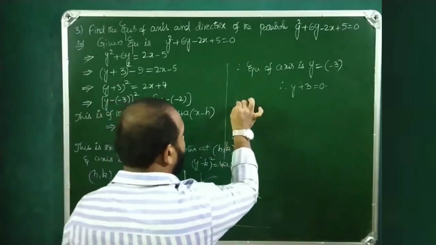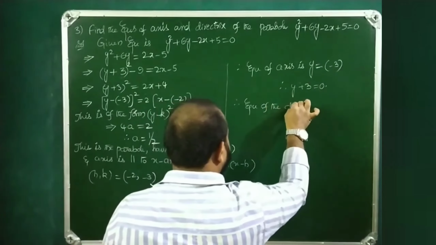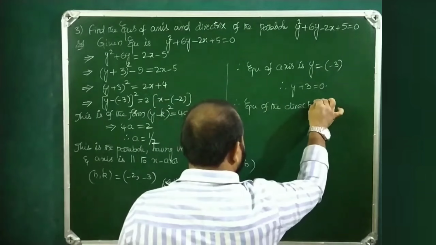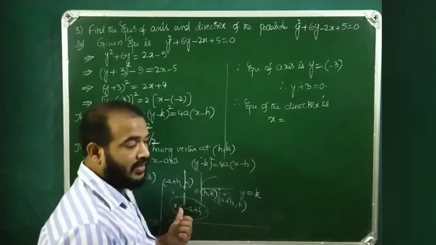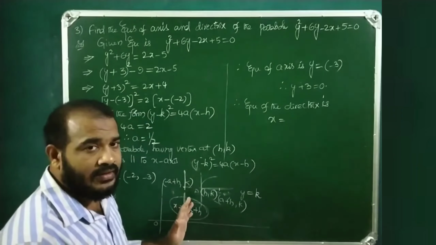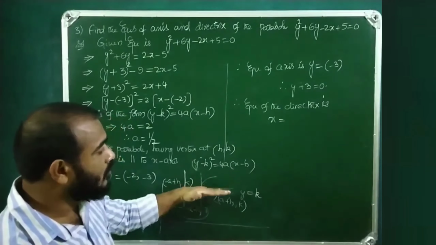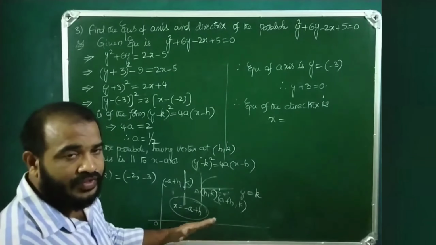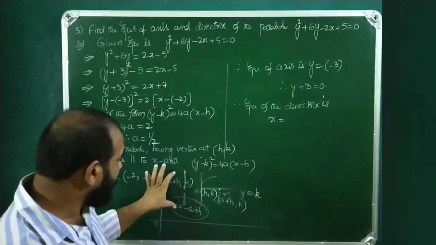Therefore, equation of the directrix is actually x is equals to minus a. But here, since the transformation of axis has happened, without changing the actual direction of the coordinate axis, this is my capital X now.